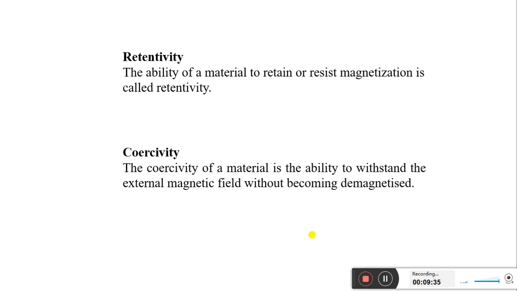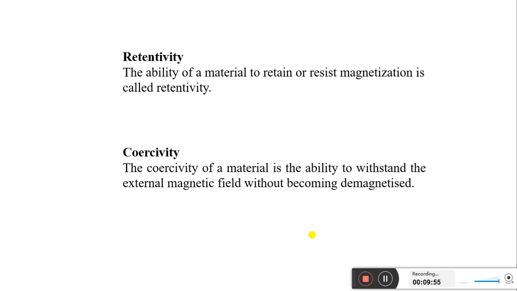Where the magnetic hysteresis loop cuts the vertical axis, when the magnetizing force is 0, there is still some magnetic field intensity left behind. From the origin to that point we call the retentivity.